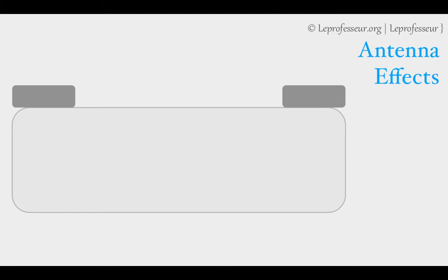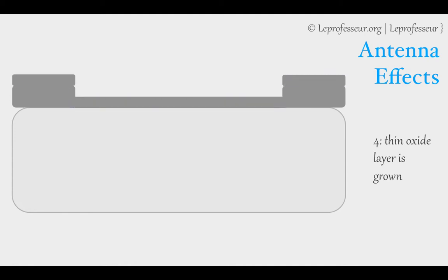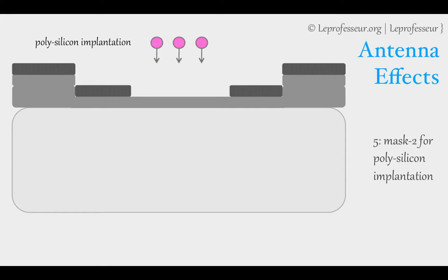And after that, you grow another thin oxide layer. This may be different than the previous oxide layer, as it is more to create a field oxide layer. Then you put another mask because we want to etch out certain portions of this oxide layer. Why do we need to etch out those portions?